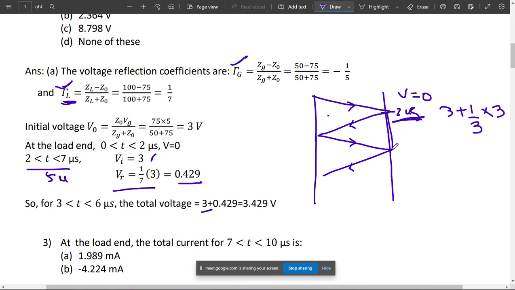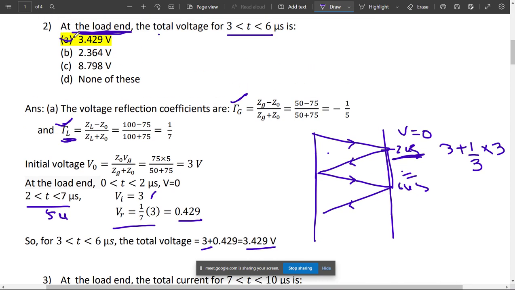So 3 to 6. So it will be equal to how much? It will be equal to 3.429 volts, right? So this will be the answer. Is there any issue here?